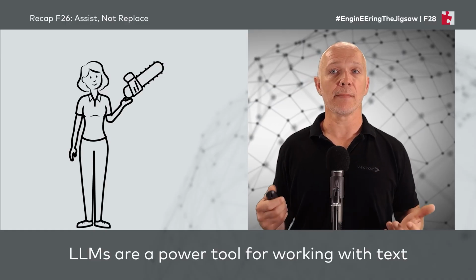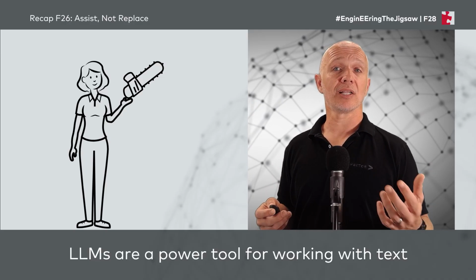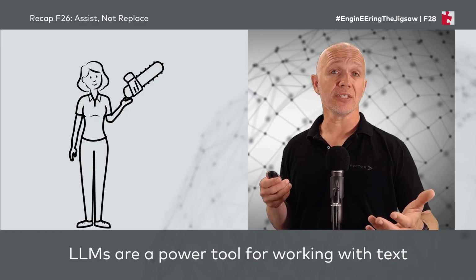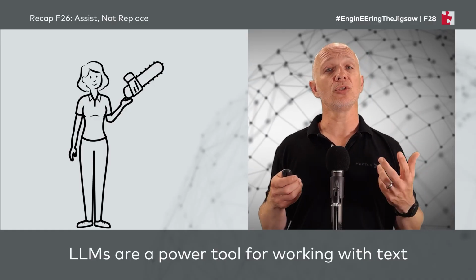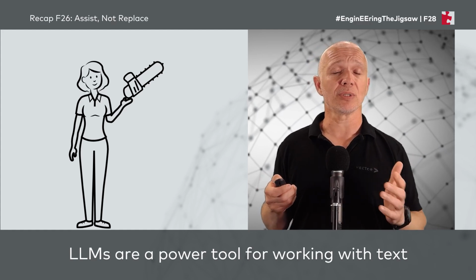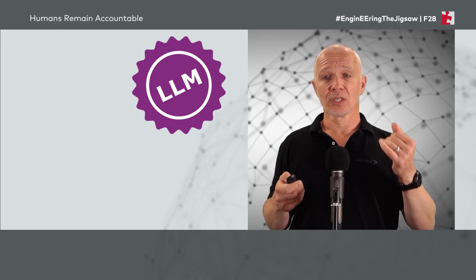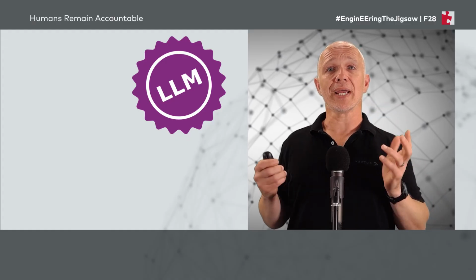They are an amplifier. So just as a chainsaw accelerates a lumberjack's work when felling trees, the chainsaw does not replace the lumberjack's skill or judgment in how to do that safely and appropriately. And humans need to remain accountable.